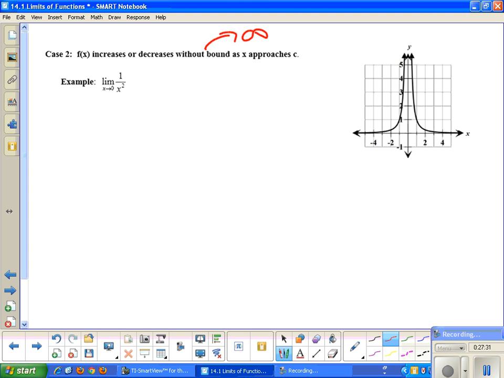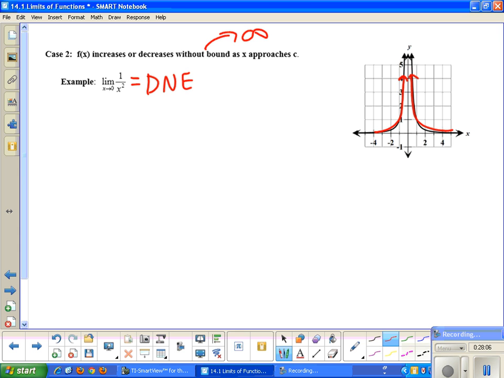So if we look at this graph, the limit as x approaches 0 for 1 over x squared, notice that as I approach from the right side and from the left side, our y values are going up to positive infinity. Because they're increasing without bound, the limit does not exist, so we'll just write DNE.